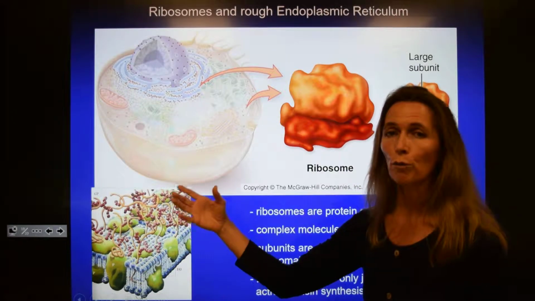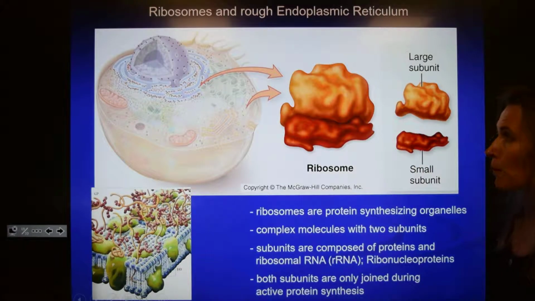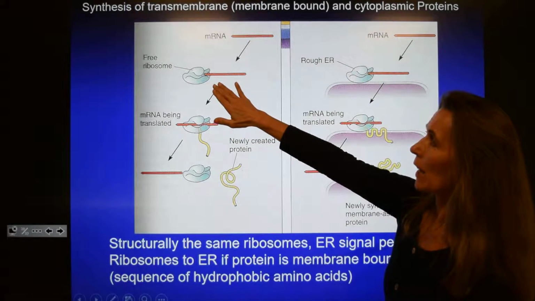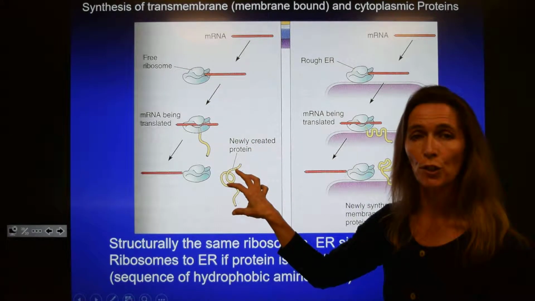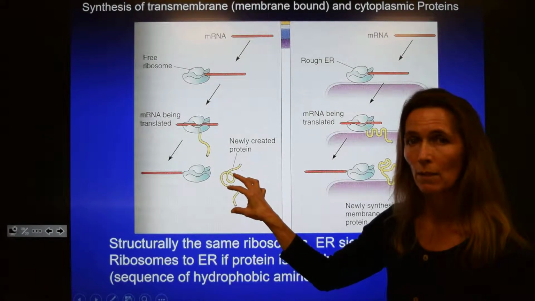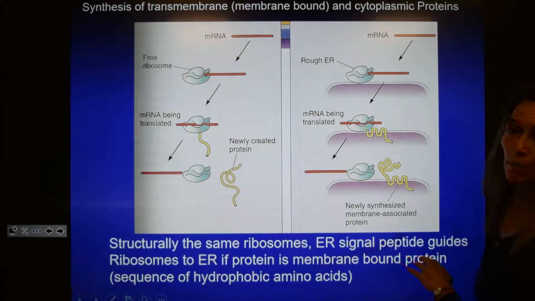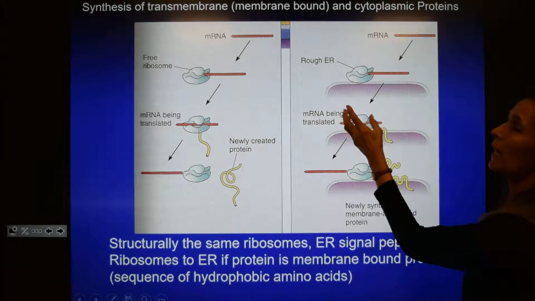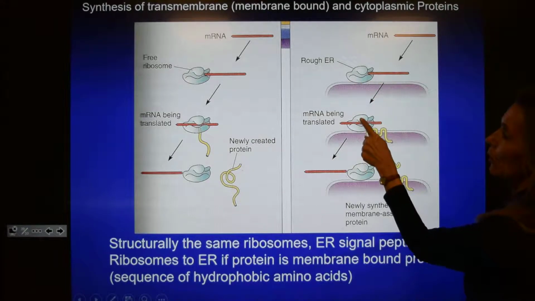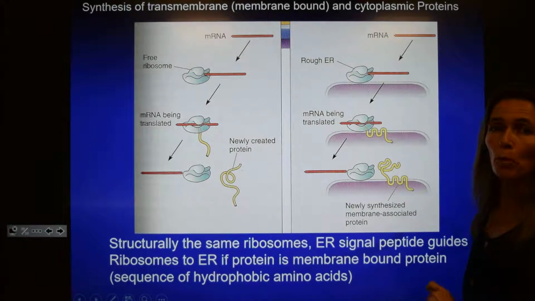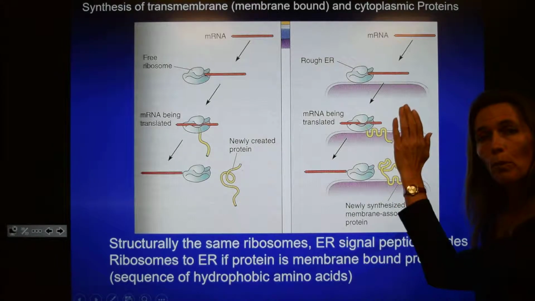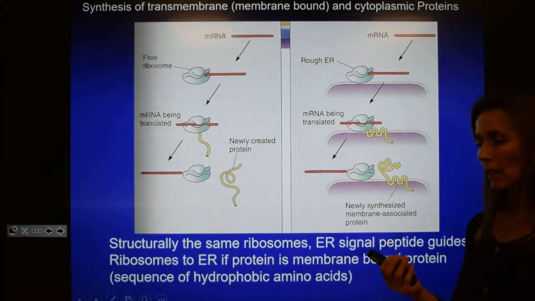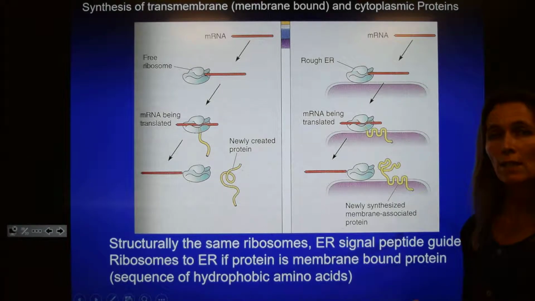So depending on what kind of protein is synthesized from the messenger RNA, those ribosomes now either translate the messenger RNA in the cytoplasm and form proteins that are not incorporated into membranes but are free-floating in the cytoplasm, or they are guided through signal peptides to the rough endoplasmic reticulum, where the ribosomes now translate this messenger RNA and incorporate the protein that is produced into the membrane and basically form those integral transmembrane proteins that need to be incorporated into the membrane in order to allow controlled signaling from the inside to the outside, or from the outside to the inside of the cell.